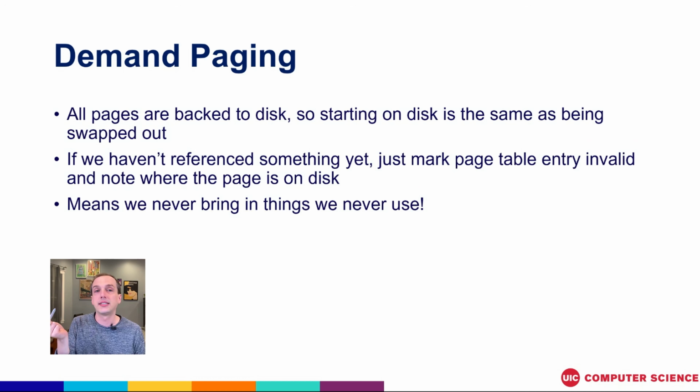And so they simply get marked as invalid. This gives us that lazy loading property that we've talked about a lot of other times previously, that actually is created via demand paging when it comes to individual parts of executables being stored on disk. And the benefit of this is that we don't expend resources loading anything into memory that we aren't going to eventually use. This is a really, really powerful trick.